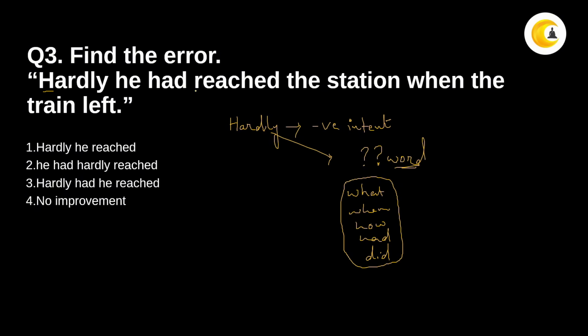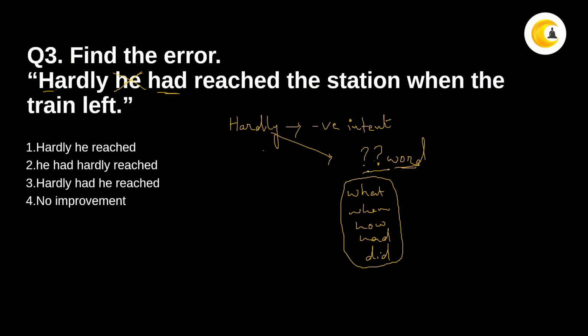So hardly he had reached the station when the train left. So you don't need this subject in between hardly and the question tag. Okay, you can just simply say hardly had he reached the station when the train left. Okay, you don't need the subject in between hardly and this.